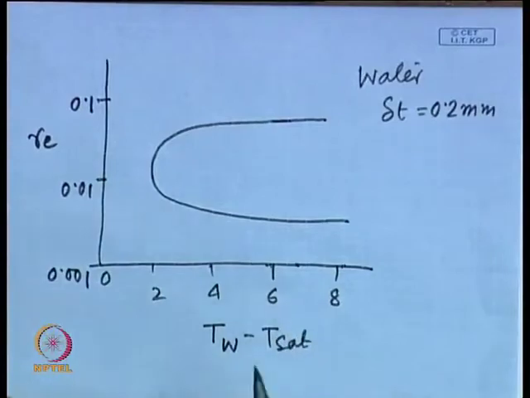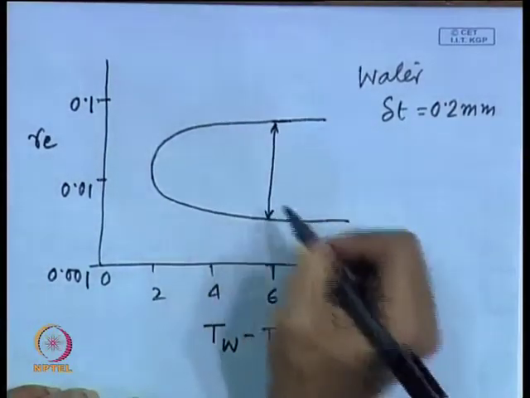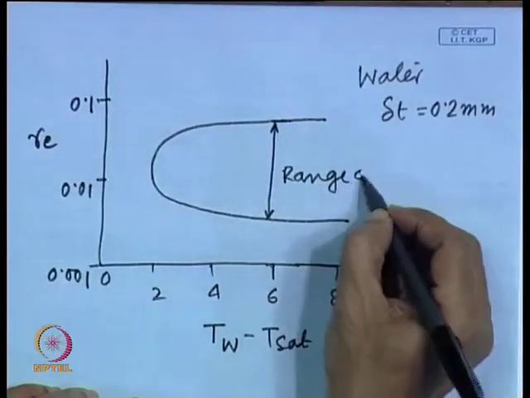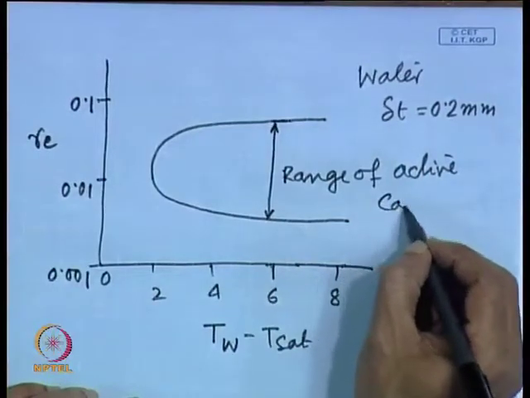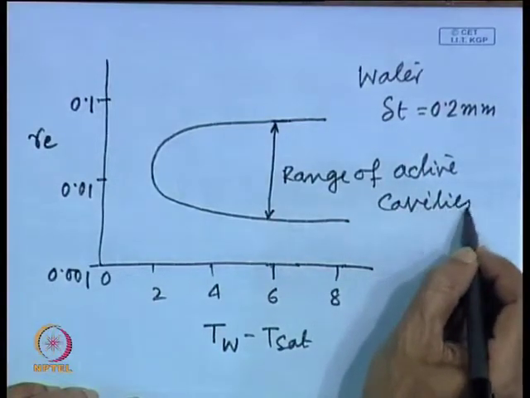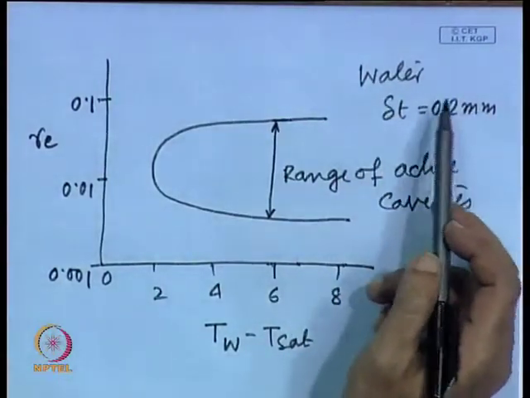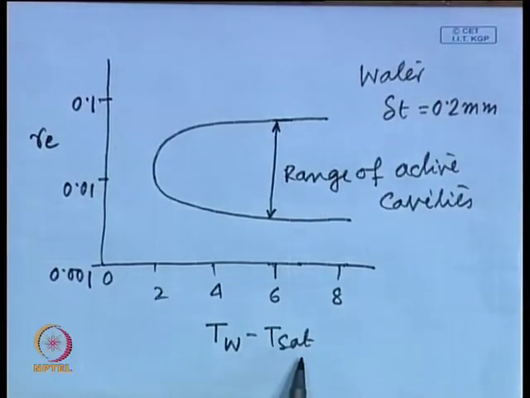So, what does it mean? This means that this is the range of active cavities. So, the active cavity will depend on the fluid and delta T as I have told, but it will also depend on T w minus T sat, that means the degree of superheat.